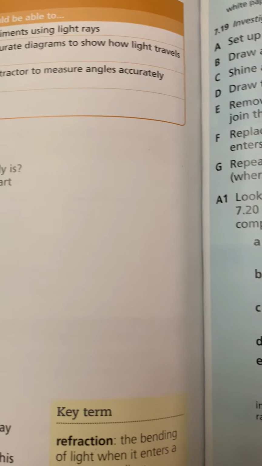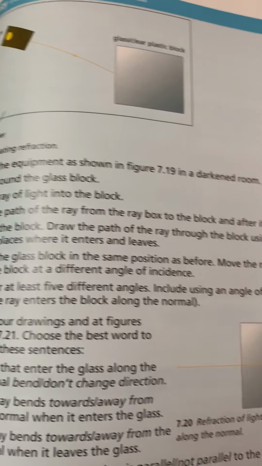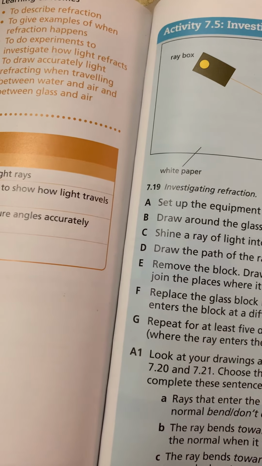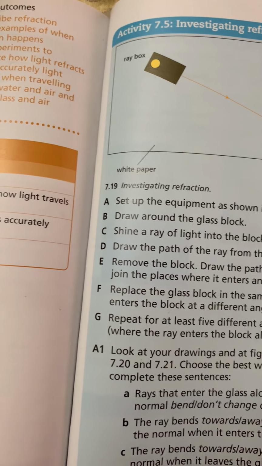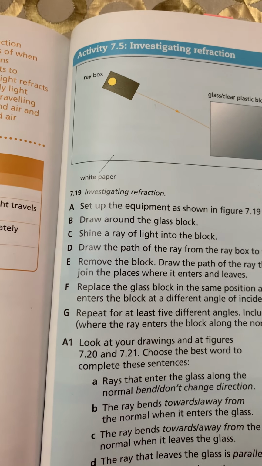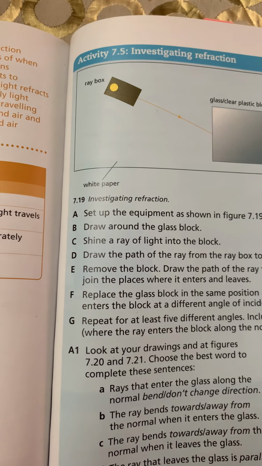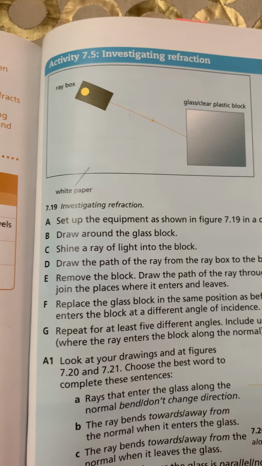Okay? Now let's see investigating refraction in this activity. Set up the equipment as shown in the figure. We have a glass, and we have a single ray box which will produce one ray. Now, as we said, what will happen to this light ray?